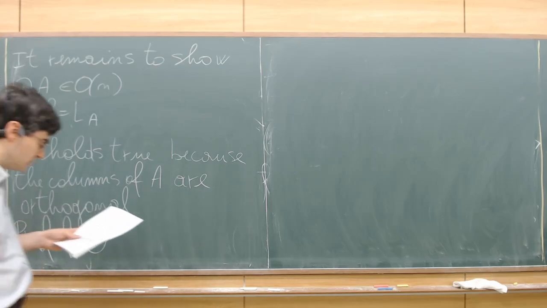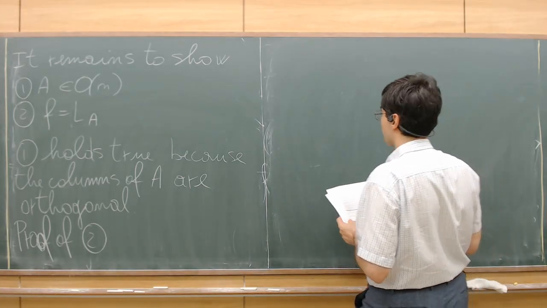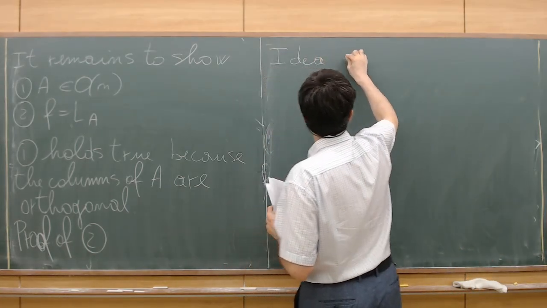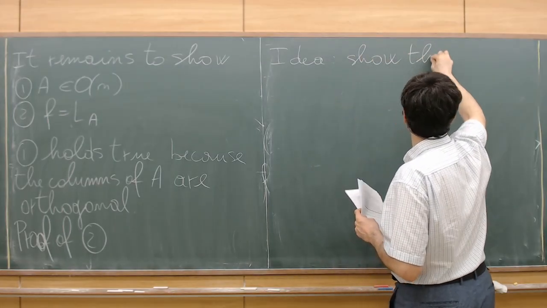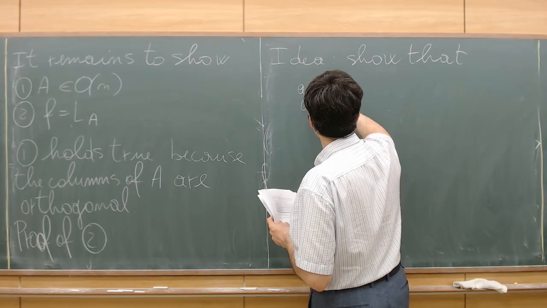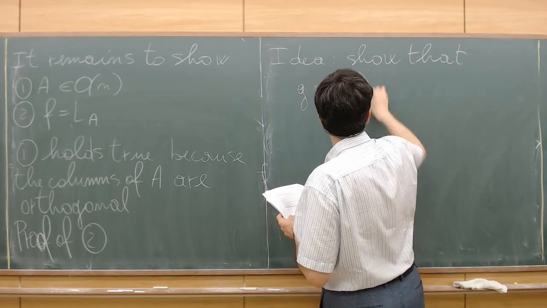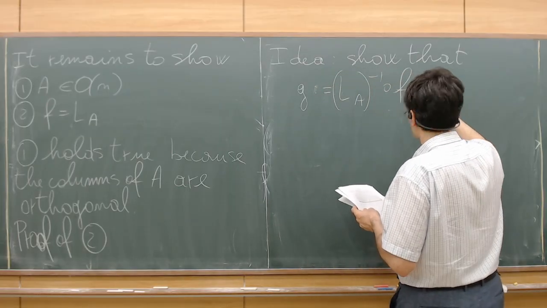In order to prove 2, we use the following idea. We will show that the transformation defined by G equal LA inverse composed with f is the identity.